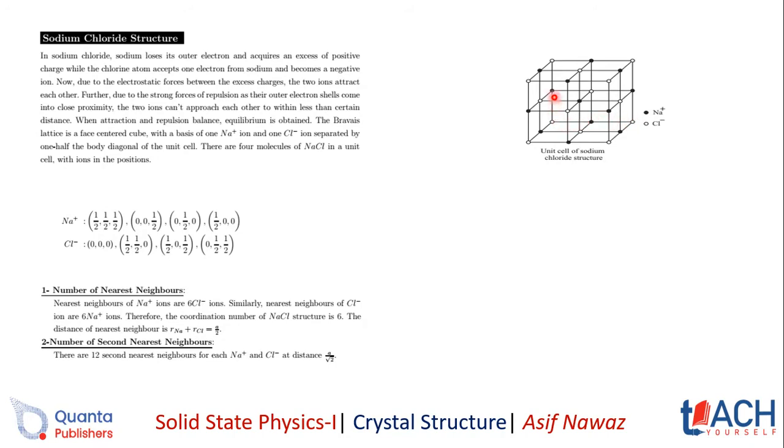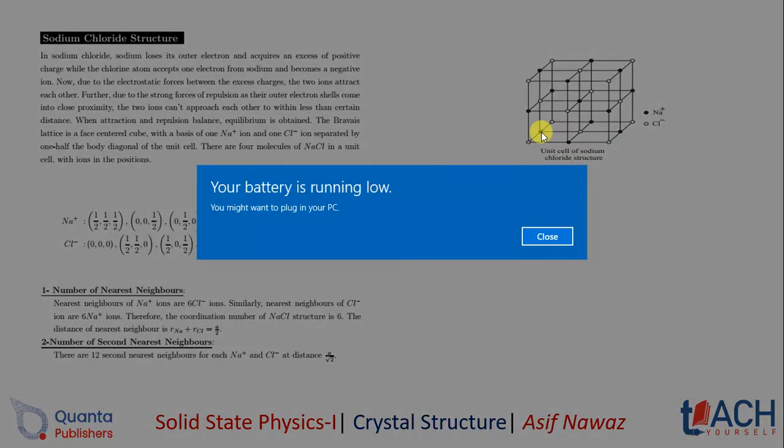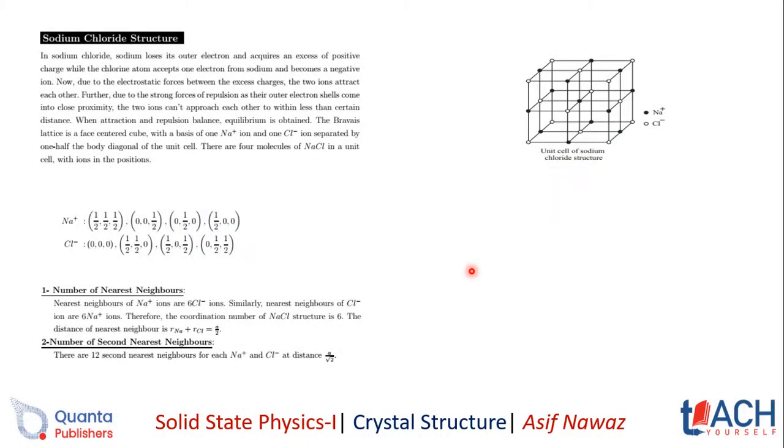Similarly, here one axis y is 1/2, x and z are 0. So the third one lies over here, with coordinate 1/2 along the z-axis, and x and y both 0.